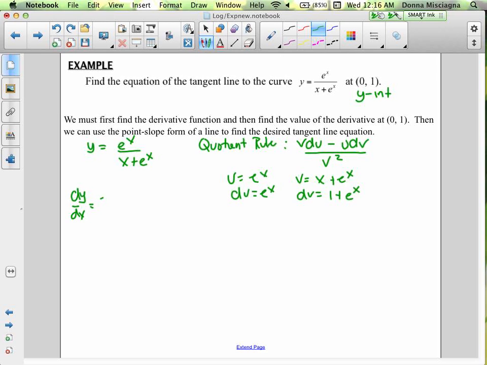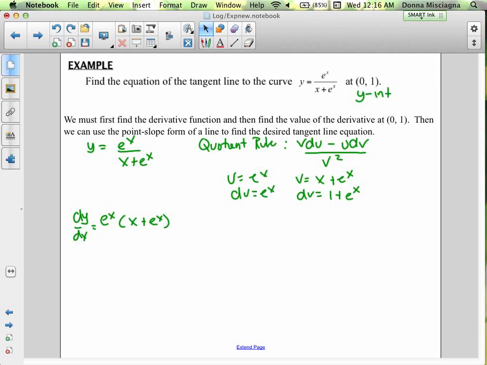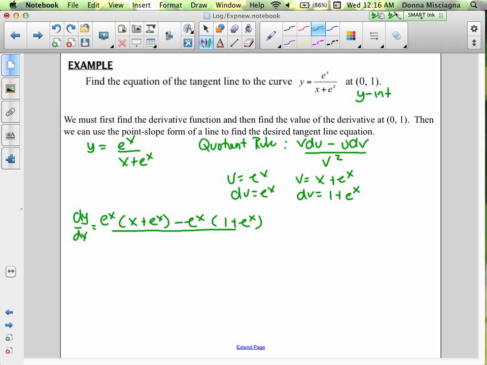equals e to the x, the derivative of the numerator, times the denominator, x plus e to the x, and then minus the numerator, which is e to the x, times the derivative of the denominator, which is 1 plus e to the x, all over x plus e to the x squared.